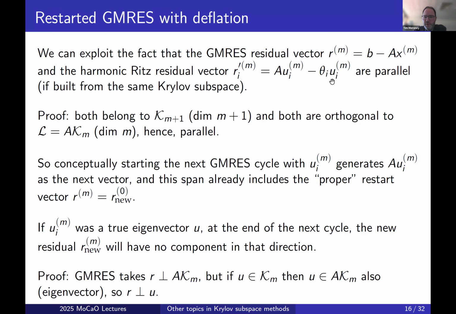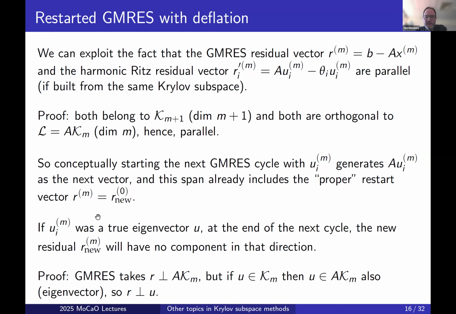So as soon as you've got a U and an AU, then you've got all of those. Okay, so both of these residuals lie in the span of U and AU. So, you know, there's a hope here, okay? These problems are closely enough linked that we might be able to get them to play together.